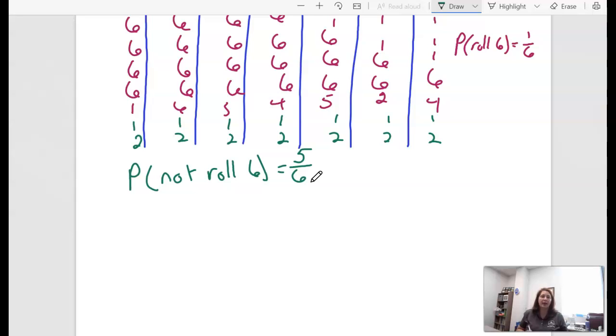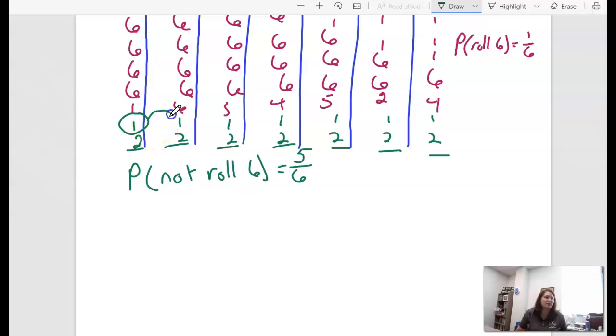Then we have to look at how many times we are rolling the die. Well, we rolled it 1, 2, 3, 4, 5, 6, 7. So since we're rolling it 7 times, here's another question. Does it matter what I roll on this first time?